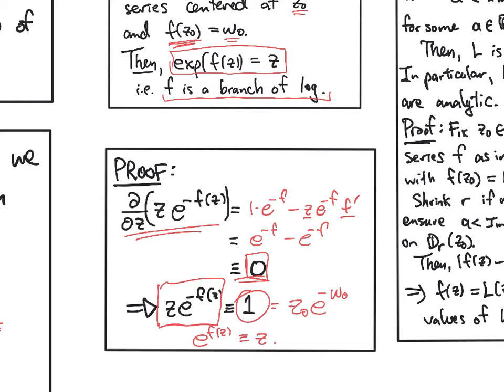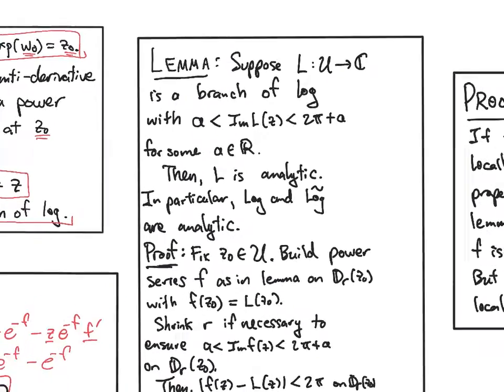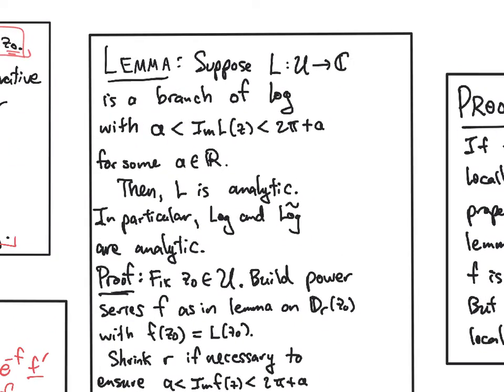Earlier we mentioned that we can get branches of the logarithm by just restricting the exponential map to strips, I guess horizontal strips of width 2 pi. So suppose we have one of these. So suppose L is a branch of log, and the imaginary part of L is between a and 2 pi plus a.